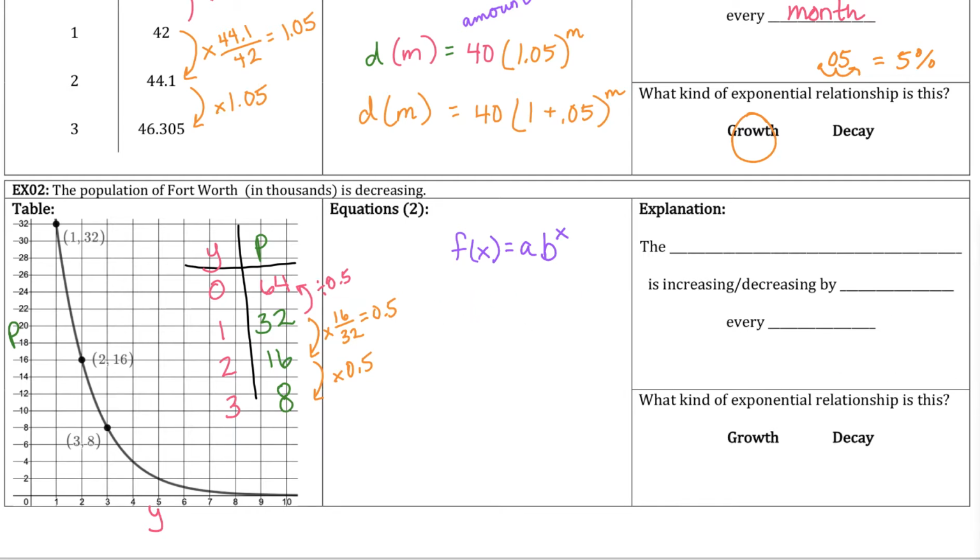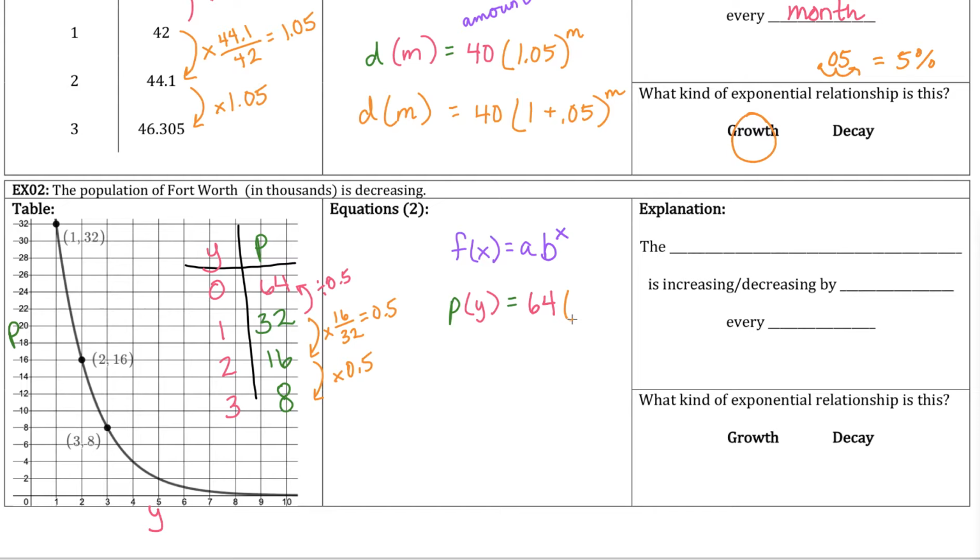Population is a function of years, where the population equals, well, it starts with 64. We're talking about thousands, 64,000, and we're going to keep multiplying.